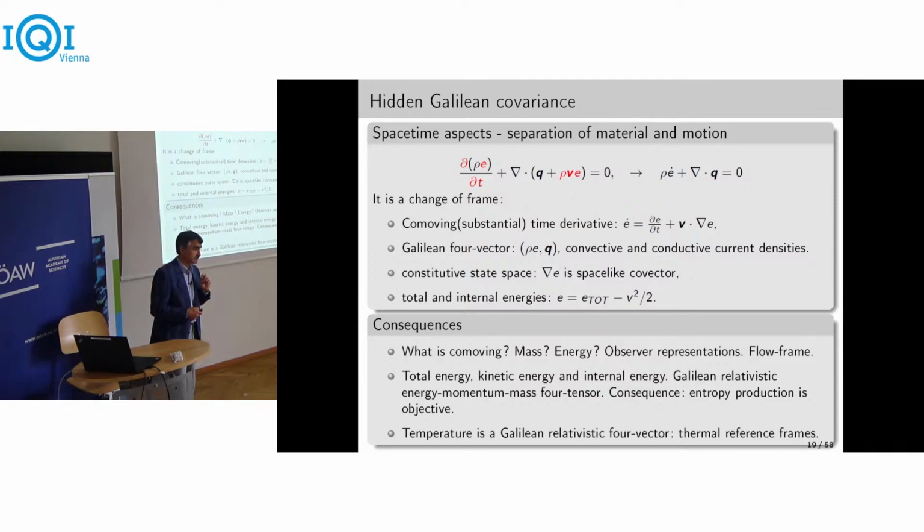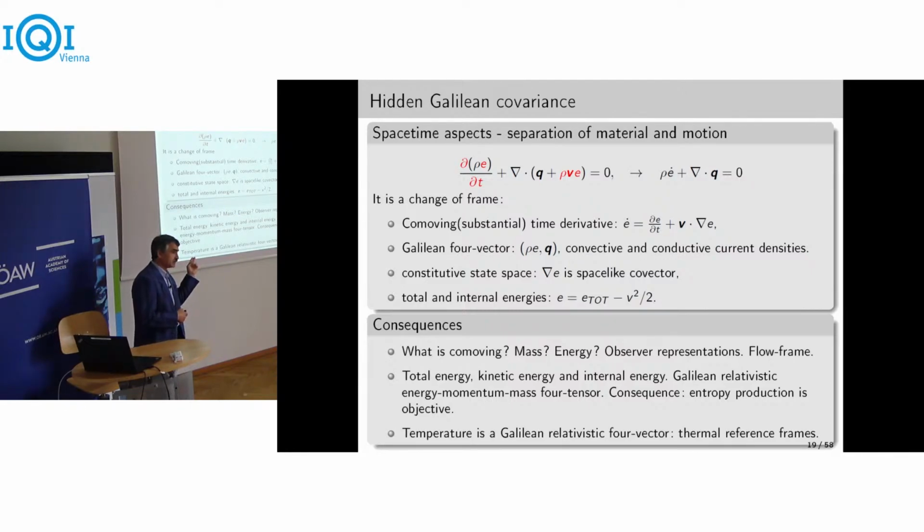So in Galilean relativistic spacetime, one needs to distinguish between the linear structures. They are vectors and covectors, and they transform differently from a transformation point of view. And also interesting is that the internal energy is normally introduced as the difference of the total energy and the kinetic energy, in a specific representation.